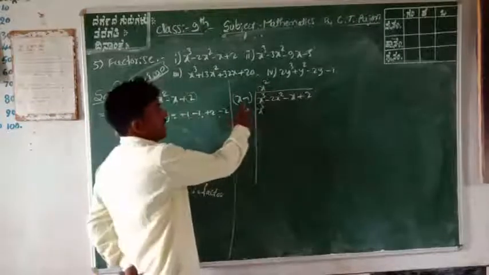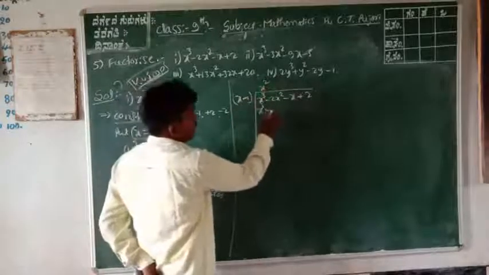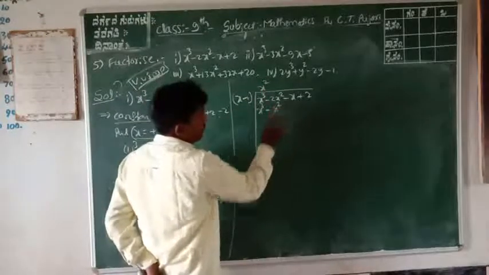Minus 1 into x squared is minus x squared.